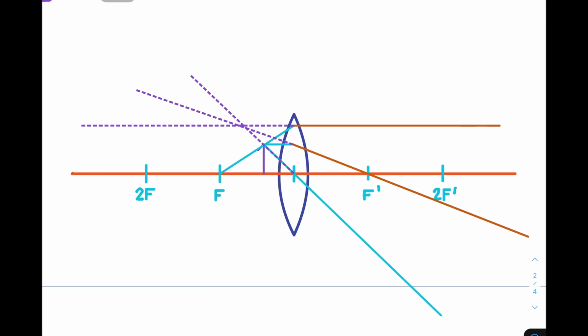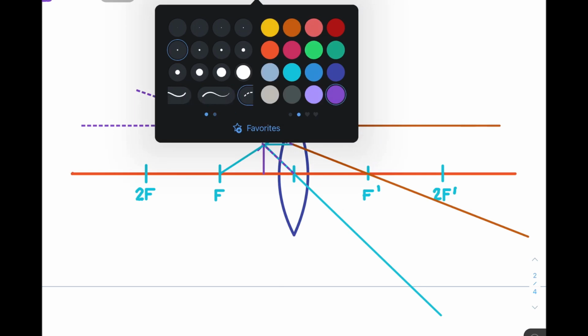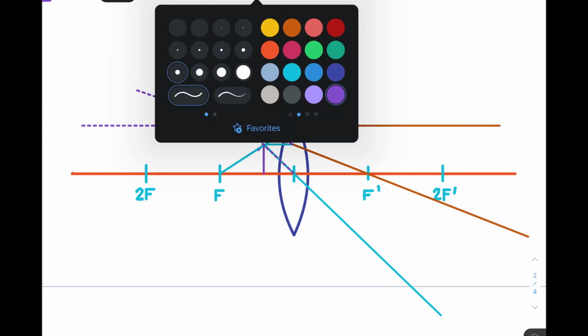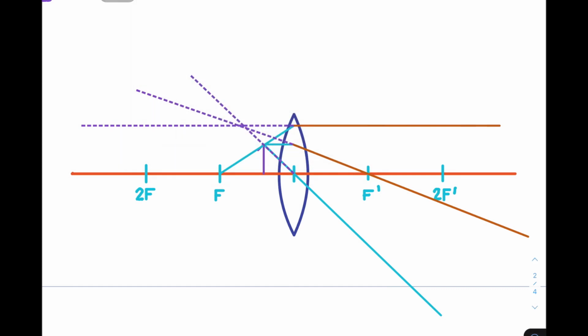Notice that they intersected at the same point again. So if we are going to illustrate the object, it will be located at that point as well.